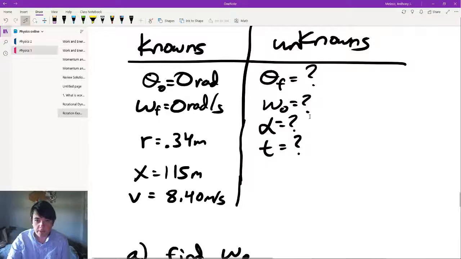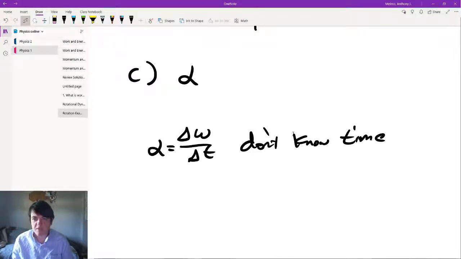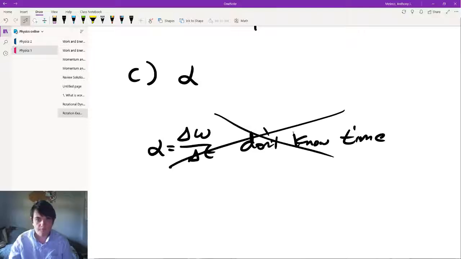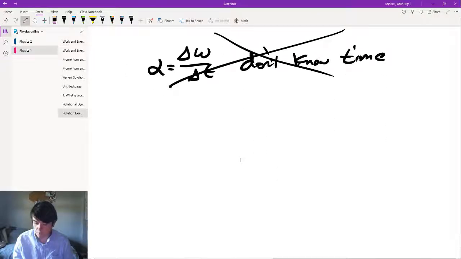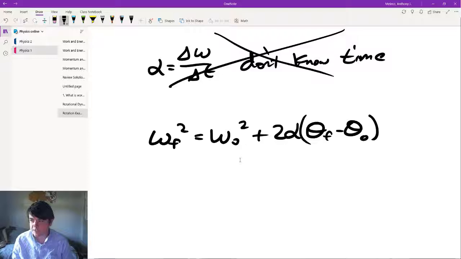We do know the change in omega, but we don't know time, so we don't know alpha. So we can't use the trick that we used before. Instead, there's another formula we can use that uses the position instead of time, which is omega final squared equals omega initial squared plus 2 alpha theta, where theta is final minus initial.